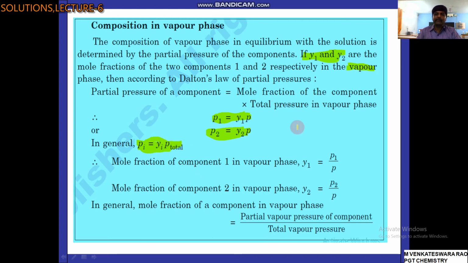Based on this formula, one solved example question is there in our textbook. Okay, that is about Raoult's law for volatile liquids.